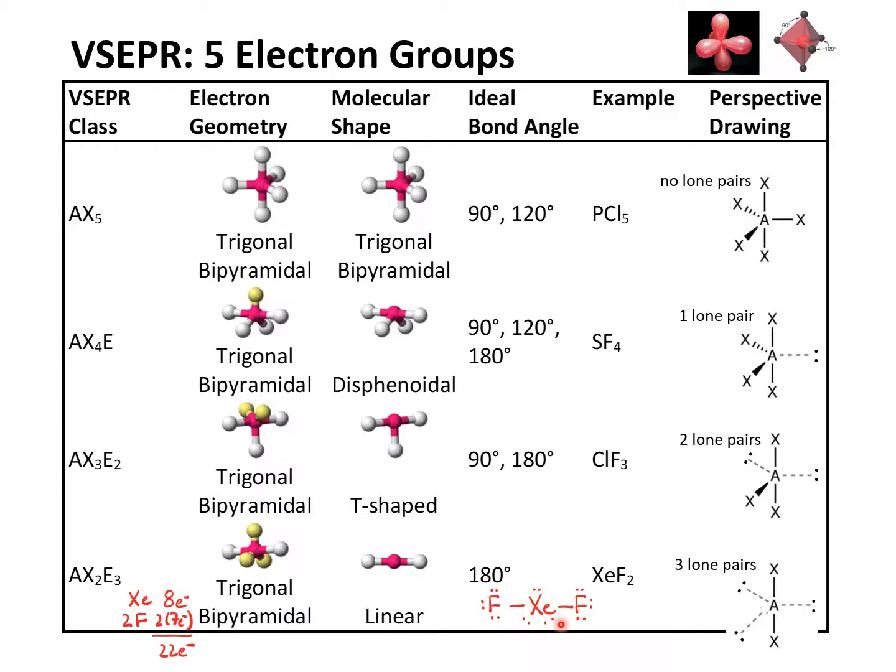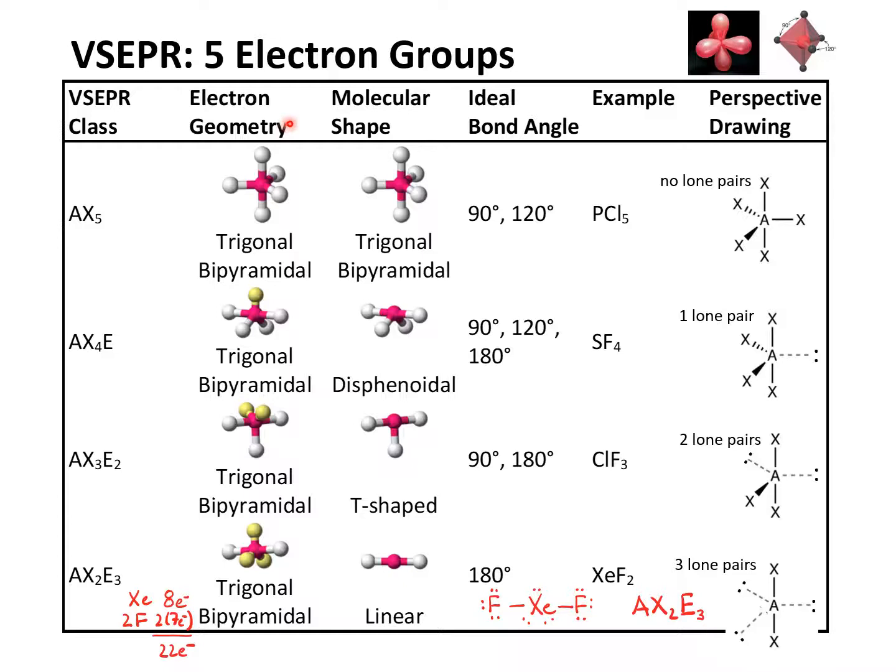We can see from the Lewis structure that the VSEPR class is AX2E3, where xenon is the central atom A, and the 2 fluorines are the 2 atoms surrounding the central atom, giving us the designation X2, and we have 3 non-bonding electron pairs, giving us the designation E3.